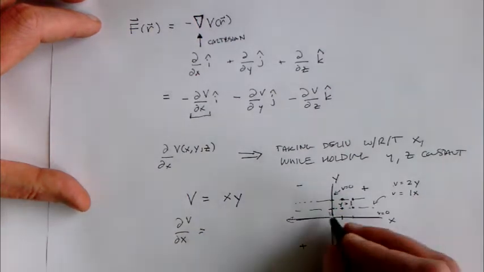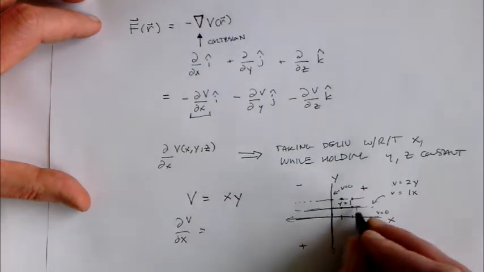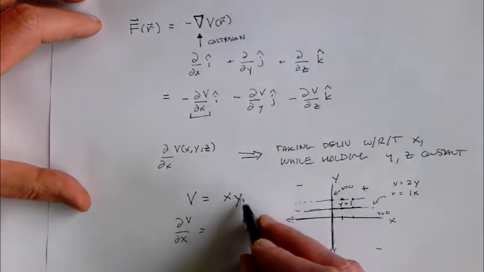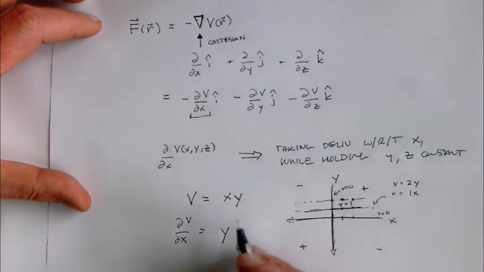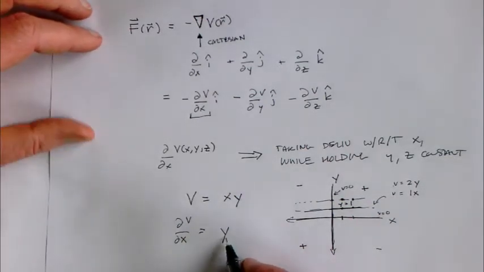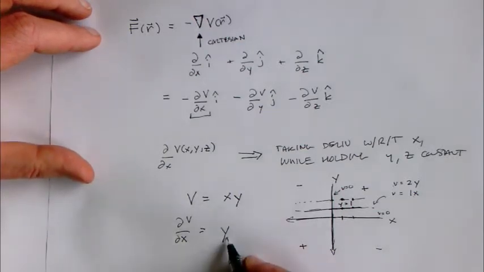So if I take the partial with respect to x here, then when I take the derivative of x times y acting as though y is a constant, the answer is simply y, right? Because if this were like x times 3, the derivative with respect to x would be 3. Since it's x times y, the derivative with respect to x is y.